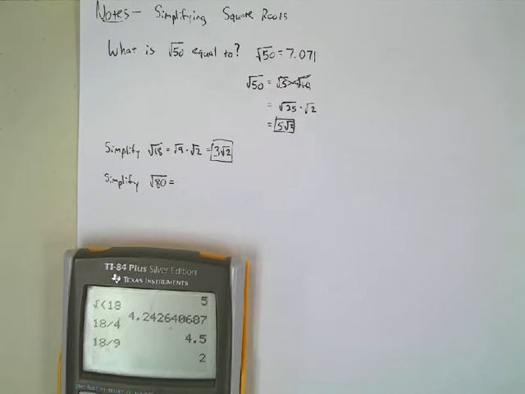Think about two numbers that multiply to make 80. You can use your graphing calculator to guess and check if you want. See what perfect squares divide that 80.